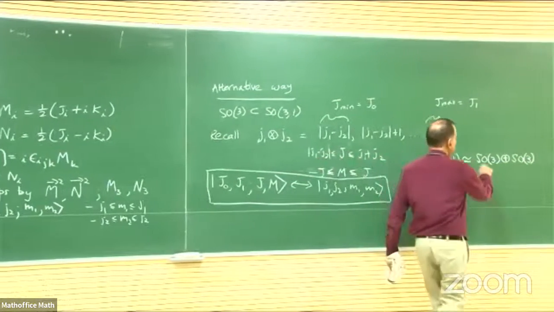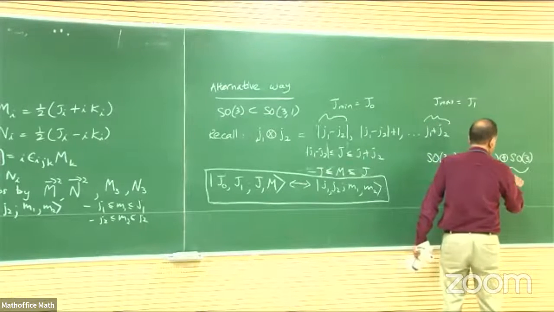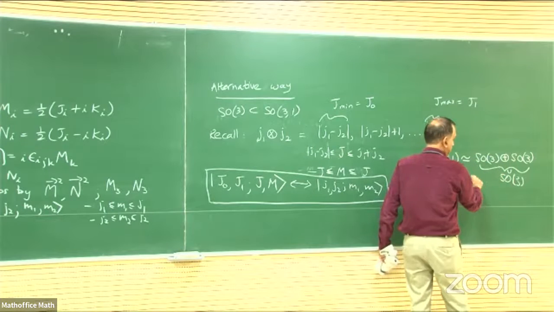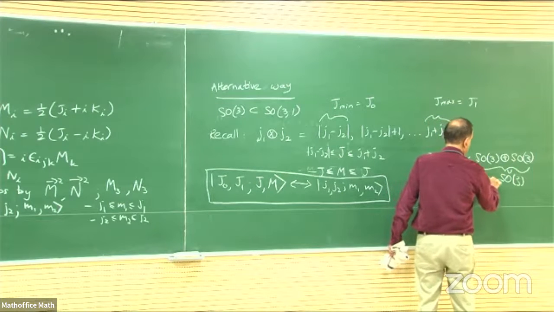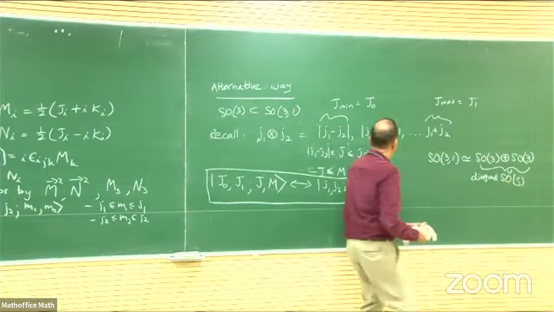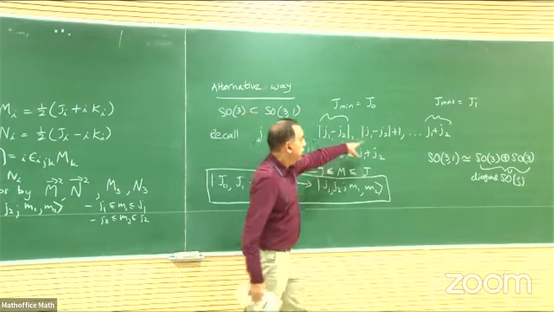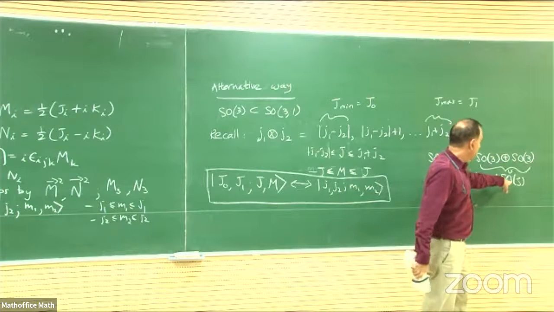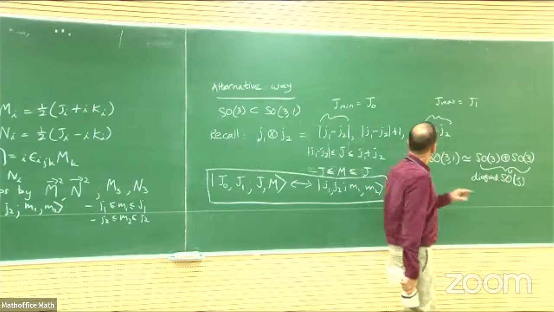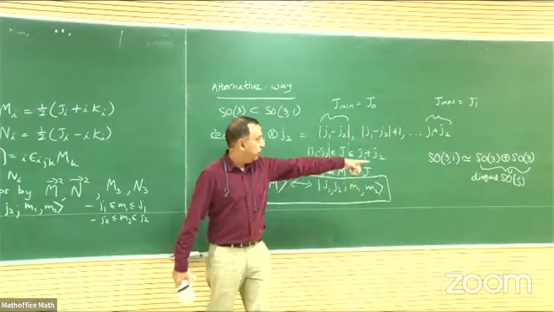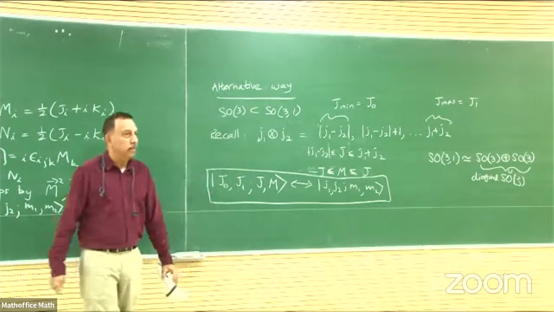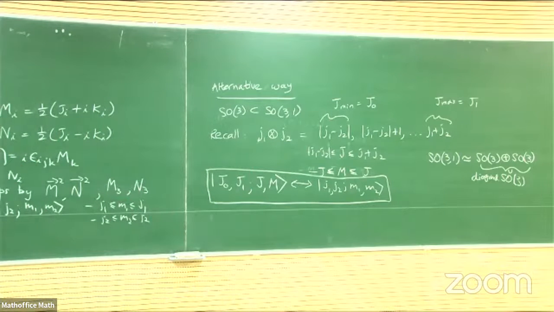Now these have a diagonal SO3, which is a sub-algebra of that. So if J1 is the representation of this SO3 and J2 of that one, then both are J1 or J2 of this one because it's diagonal. And then this manipulation I can think of as being done in the diagonal SO3. I think that might be the clearest way to say it. Anyway, up to now I have done nothing but introduce some labels.